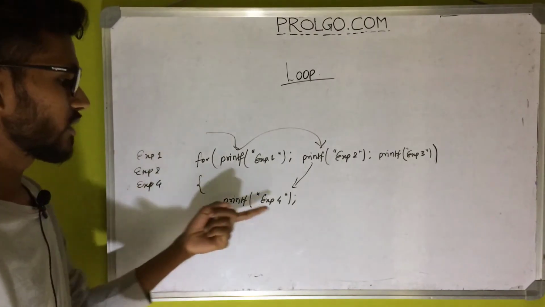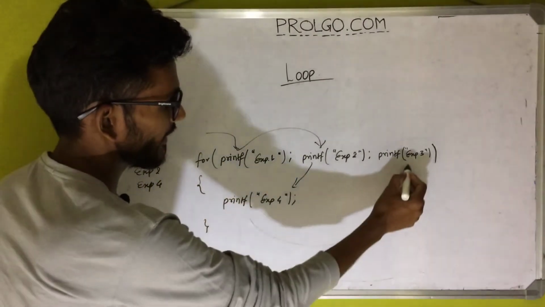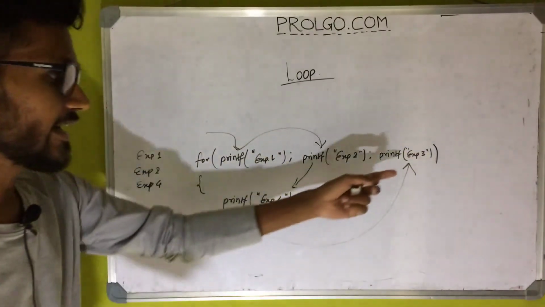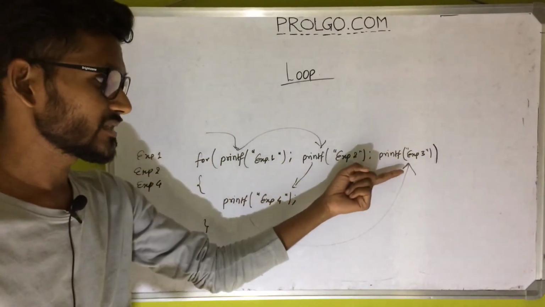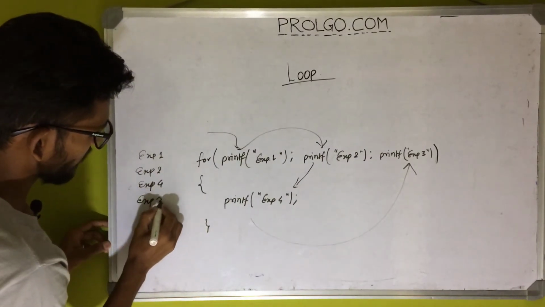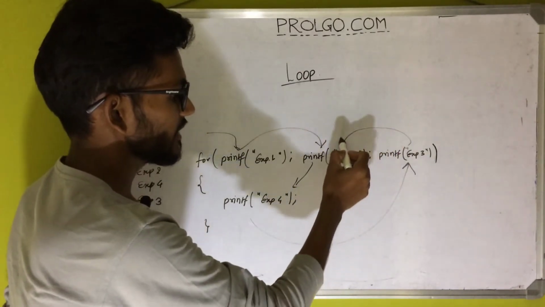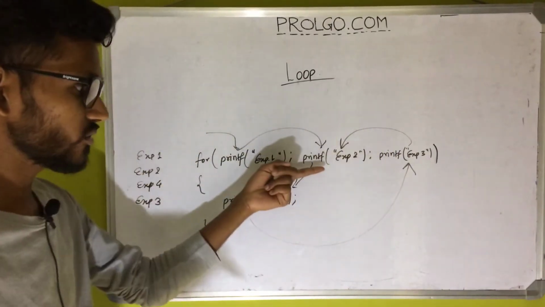After executing this statement, as I told you, the control again goes here and executes expression 3. So we will get expression 3. Then again the control comes here and checks whether it's true or false.